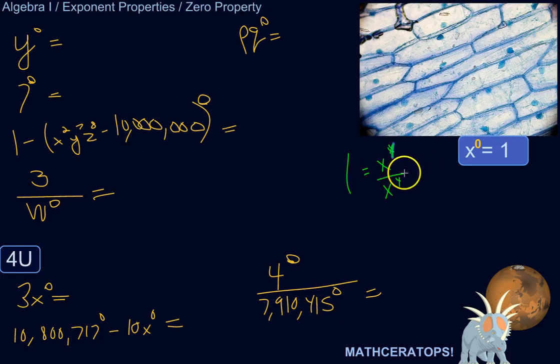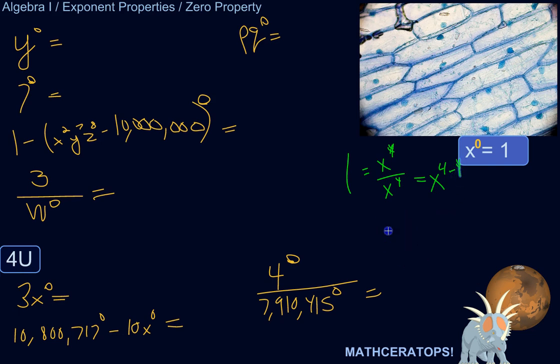Okay, well, we know from the quotient rule of exponents that x to the fourth over x to the fourth would be equivalent to x to the 4 minus 4, right?